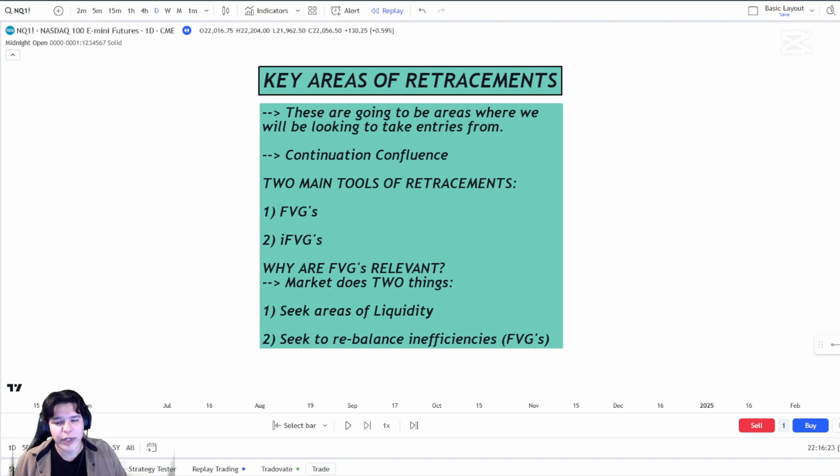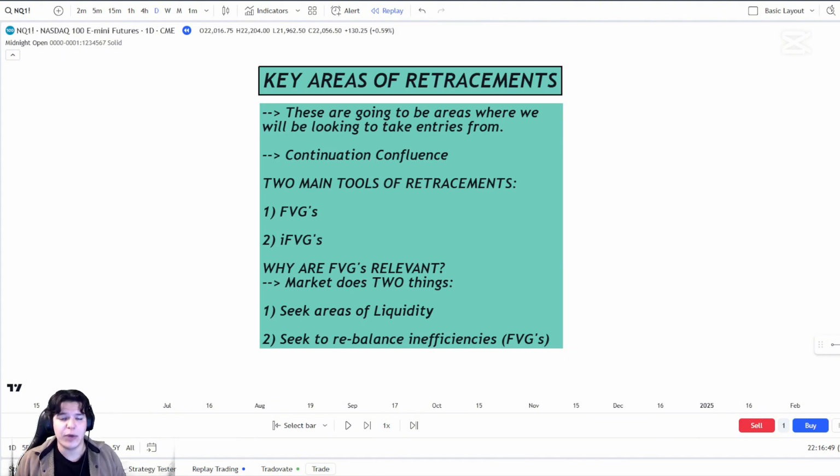And the whole reason why these are relevant to us, why we're even using them in the first place, is because the market will seek to do one of two things. We already covered liquidity, and we mentioned that one of the first initial principles around liquidity is that market price will seek out and gravitate towards these areas of liquidity. So the market, we know, seeks areas of liquidity.